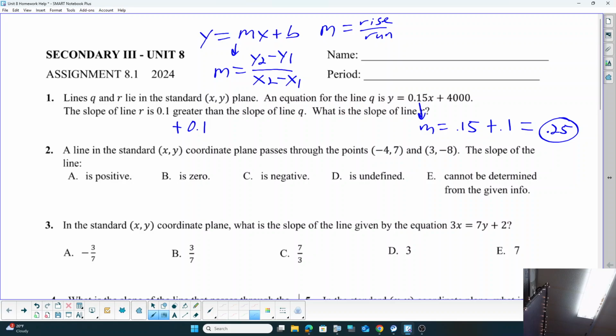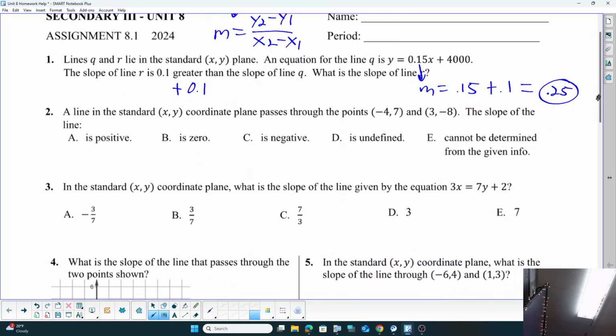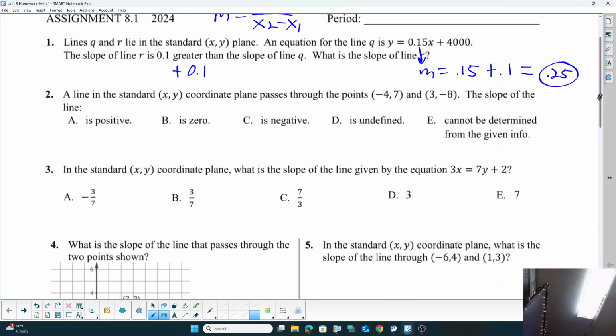Let's go. A line passes through the points (-4, 7) and (3, -8). The slope of the line is positive, 0, negative, undefined, or cannot be determined. Of course it can be determined.